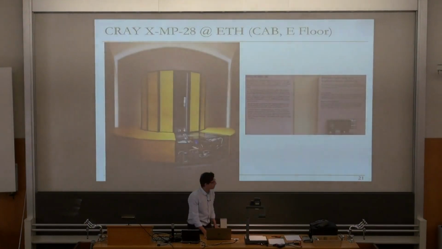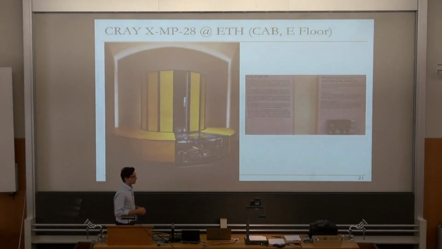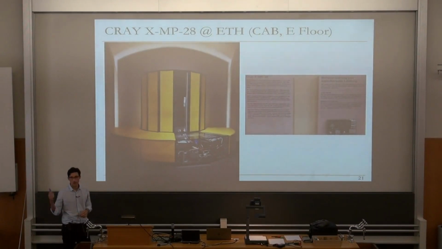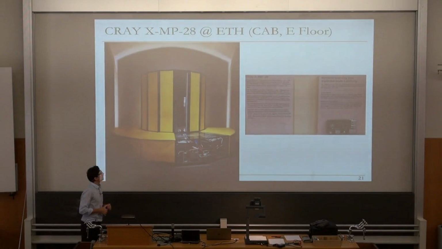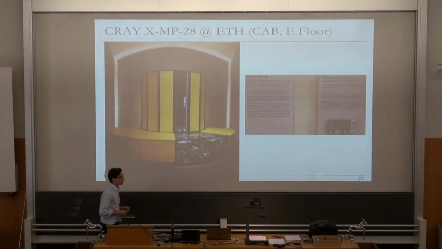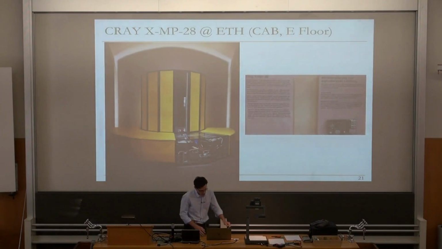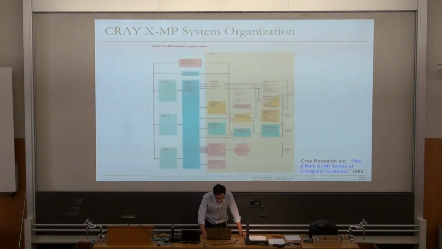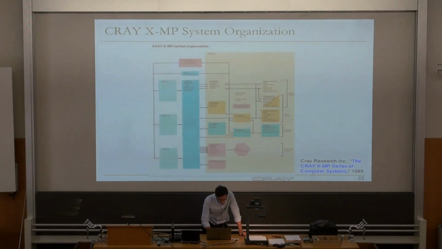Meanwhile, let me show you this picture from the CRAY that we have here in ETH. It's in CAB, in the building where we are. So maybe you have already seen it, or you might want to visit it. It's a very beautiful machine indeed. And here you have some slides about this CRAY X-MP. Actually, if you compare this figure here with the one that we have just seen for CRAY 1, you might see that it's very, very similar.